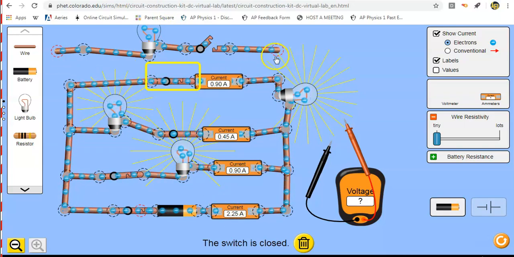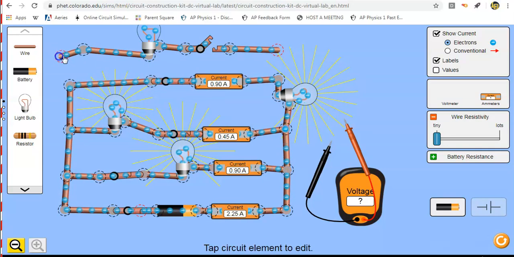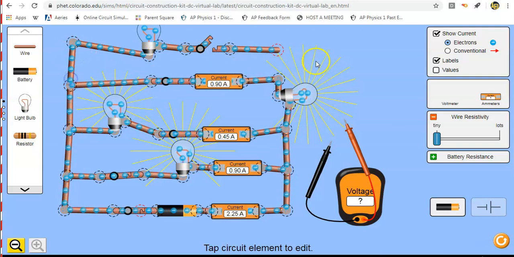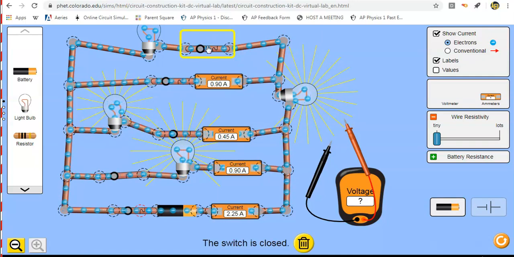Okay, and then I'm going to show you what would happen if I put this. I'm going to have this switch open for right now, but I'm going to connect this here, and I do have one more wire. Like this. I didn't flip the switch yet, but what happens when I flip this switch?